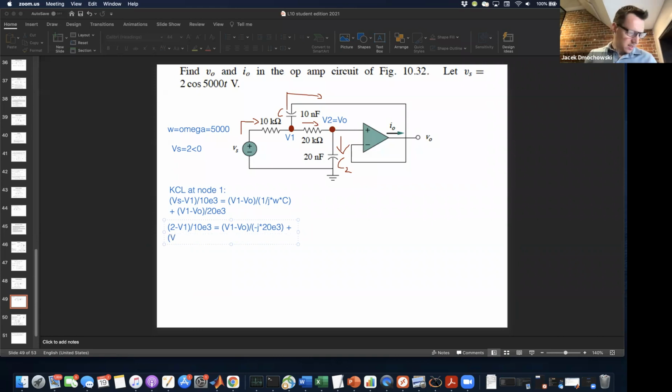And then the third term here is V1 over V naught over negative j, also 20,000. So when you apply the values for omega, C and Vs, you get this equation. That simplifies to V1 times 3 plus j plus V naught times negative 1 minus j is equal to 4.